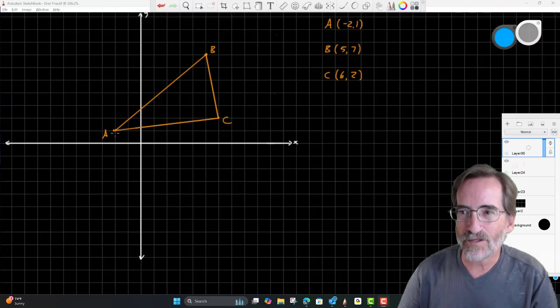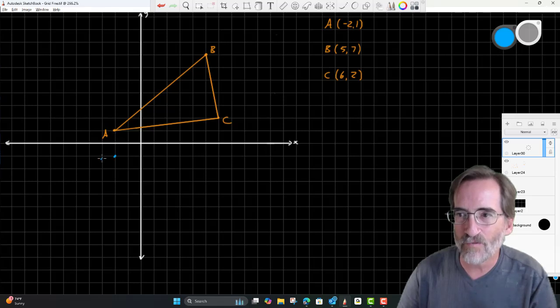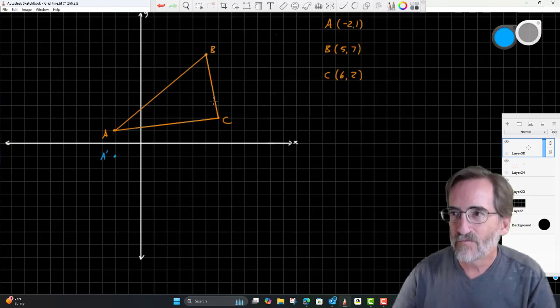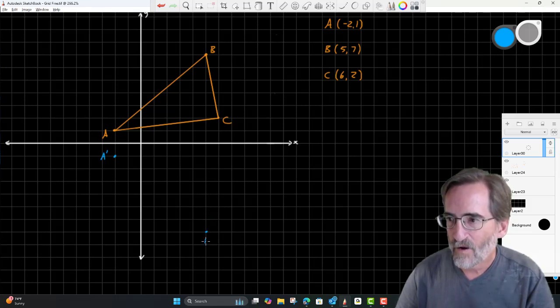review to connect things. You recall to do an x-axis reflection, I think of A prime as being 1 unit above and 1 unit below, B being 7 units above to B prime being 7 units below, and C being 2 units above to C prime being 2 units below.